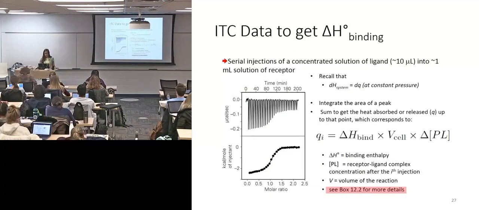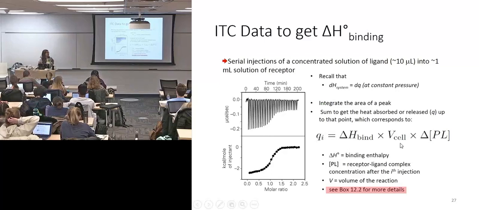I won't talk about this in detail. Box 12.2 in your book goes through getting this total change in enthalpy off of your ITC data in more detail. We have heat flow, how to relate that to change in enthalpy of binding with both the volume of the overall cell, here's the volume of our reaction vessel, and the change in the concentration of our complex.